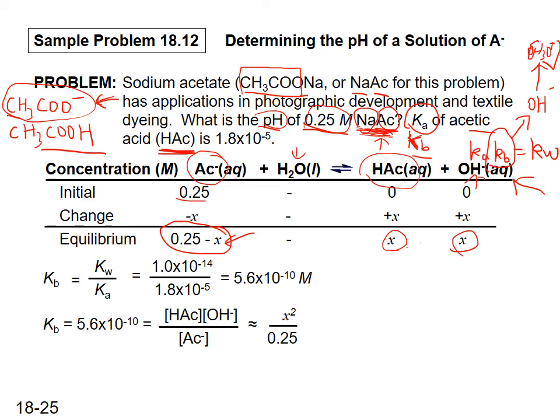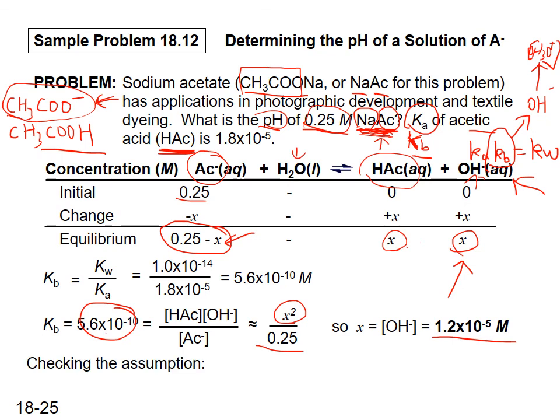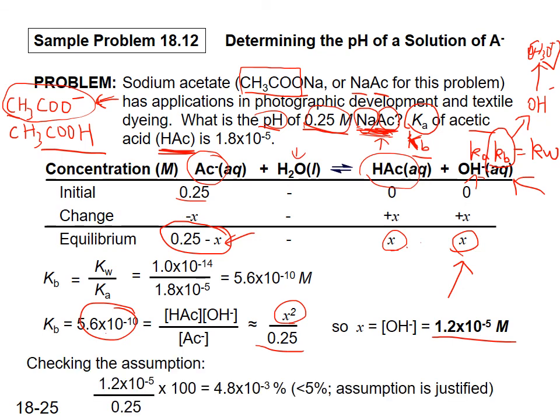Kb is given, and X can be solved by taking the square root of Kb times the initial concentration, and that gives you 1.2 times 10 to the minus 5 molarity, and this is the hydroxide concentration. Before we calculate hydronium ion and the pH value, first let's justify our assumption. We use X divided by the initial concentration, which gives a very small percentage error, much less than 5, so the assumption is justified.